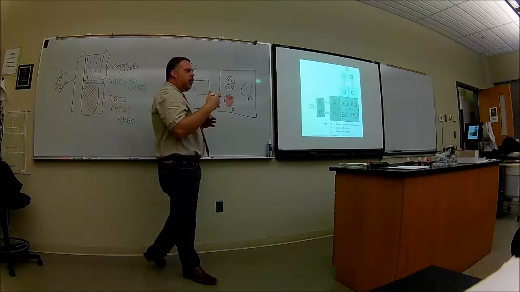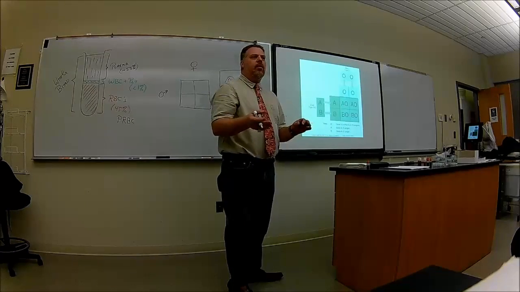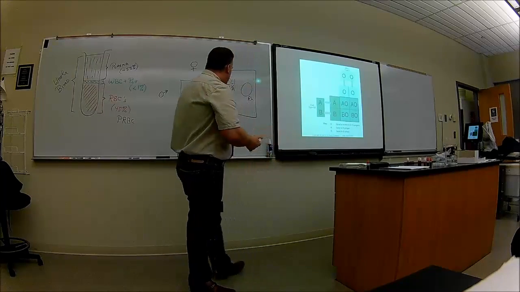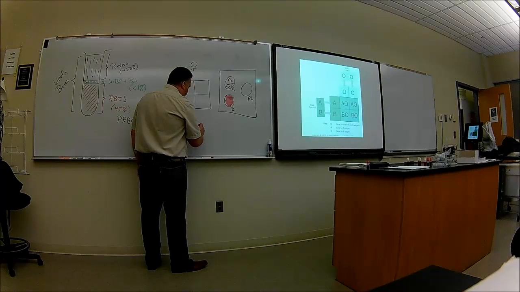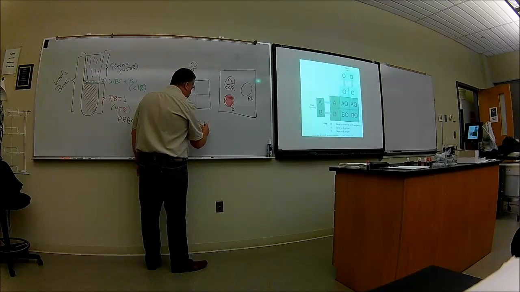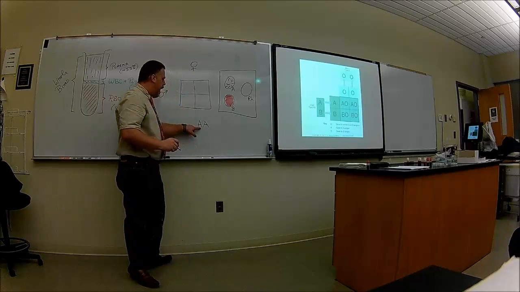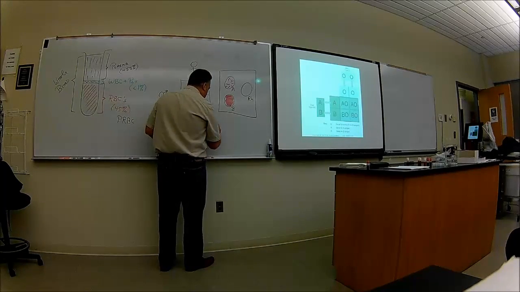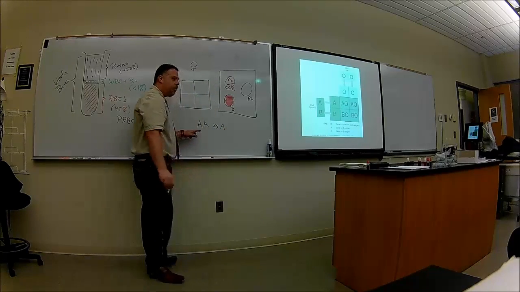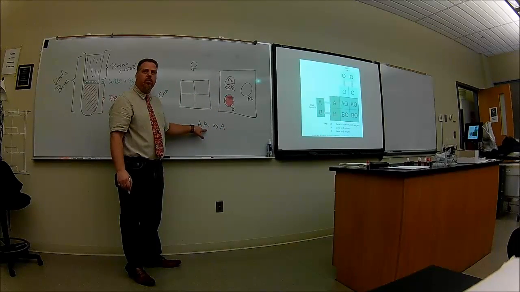Now you could get an allele from mom and an allele from dad, right? So you could get an A allele from mom and an A allele from dad. So therefore, this person's blood type is A. Two dominant ones.